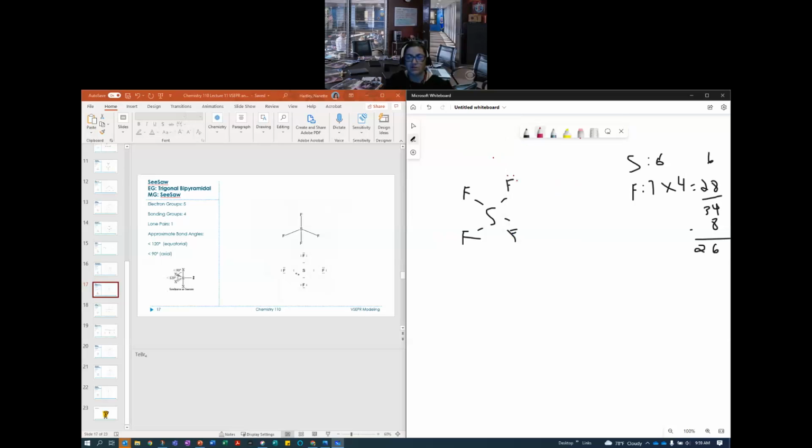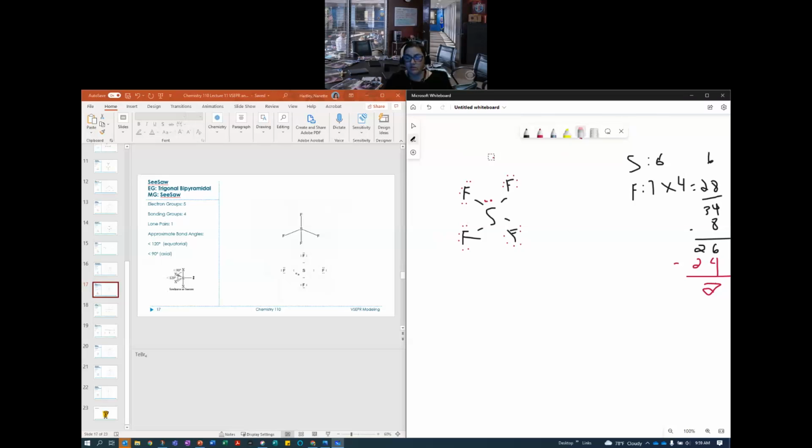I'm going to put 1, 2, 3, 4, 5, 6 around each fluorine. Six times 4 is 24. We then have 2 left. And that means that those 2 are going to end up on my sulfur.